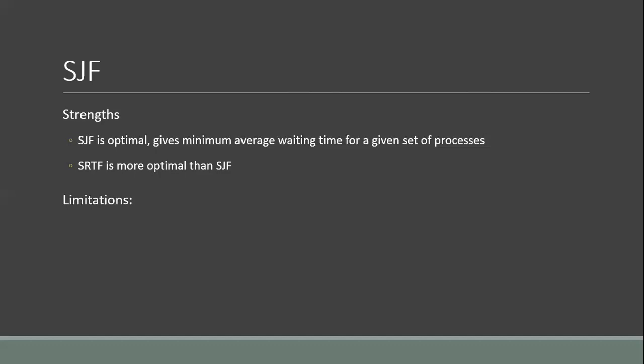What are the limitations of this algorithm? This algorithm cannot be implemented for short-term scheduling. This means we cannot use SJF or SRTF for CPU scheduling. Why can't we use this algorithm for short-term scheduling or CPU scheduling?